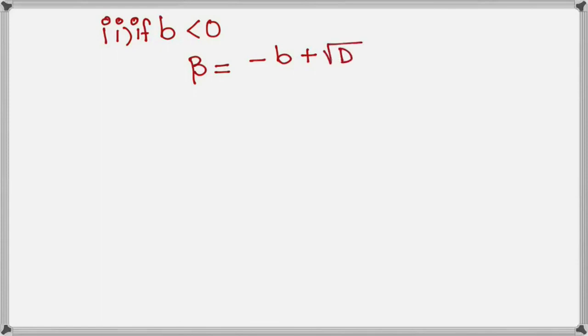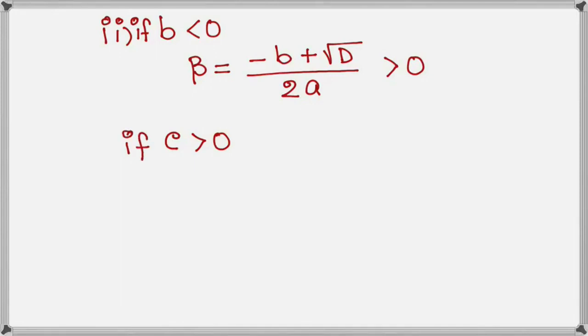Now if b is strictly less than 0, then we have the solution beta, which is minus b plus square root of d divided by 2a is strictly bigger than 0, that is the sign of the solution beta is positive. So we have to look at the sign of the solution alpha now. Let c be strictly bigger than 0.